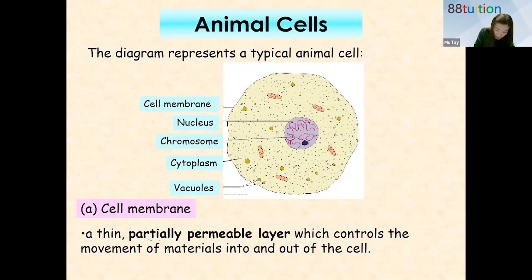But partially means only some can, some cannot. So partially permeable means only some substances can pass through. If it's a layer that allows everything to pass through, we just call it a permeable layer. But this is only partially permeable because not everything can pass through, only certain substances.